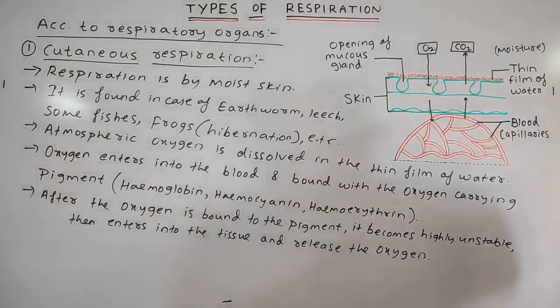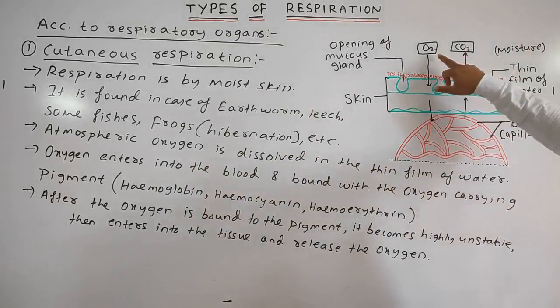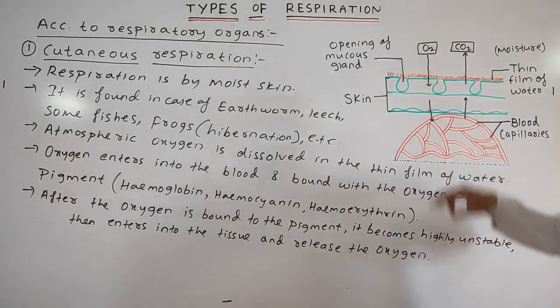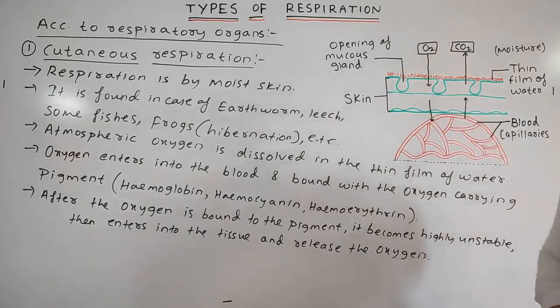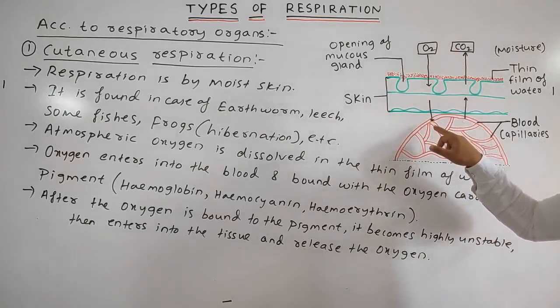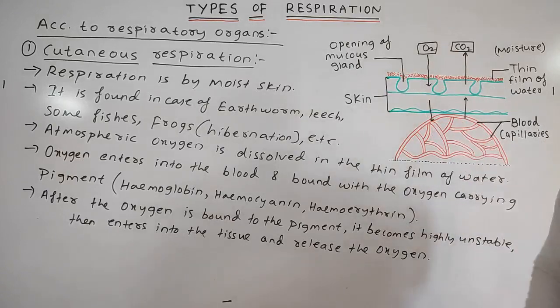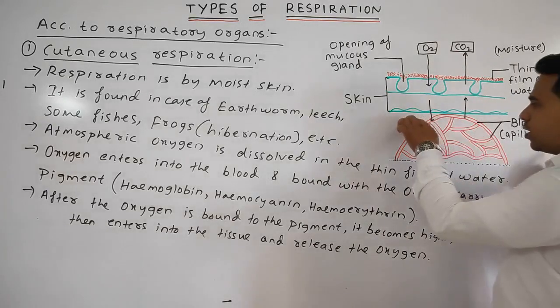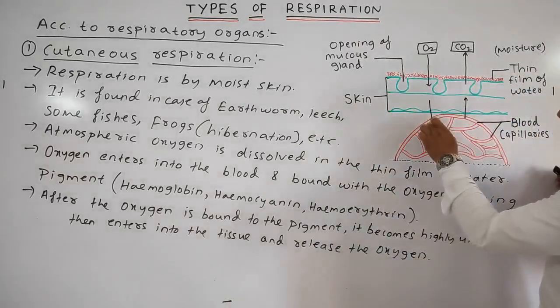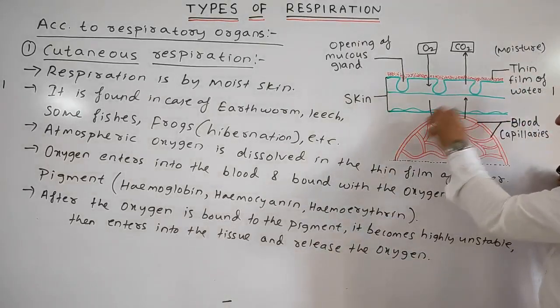So we discussed the oxygen is dissolved in the thin film of water. It enters into the skin, then it enters into the blood capillary in which blood is present. In the blood, obviously the oxygen carrying pigments are present. The oxygen then binds with the oxygen carrying pigment.